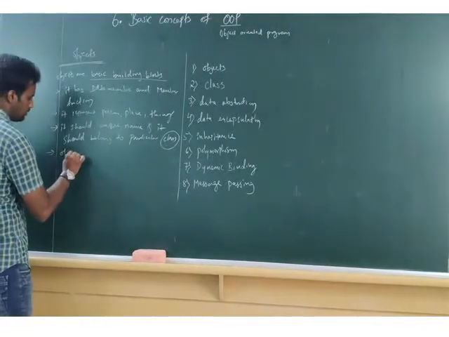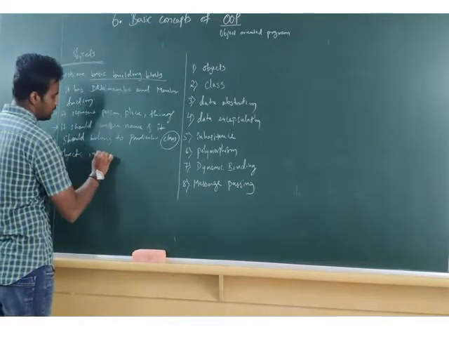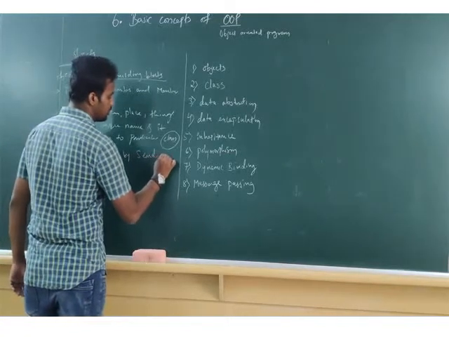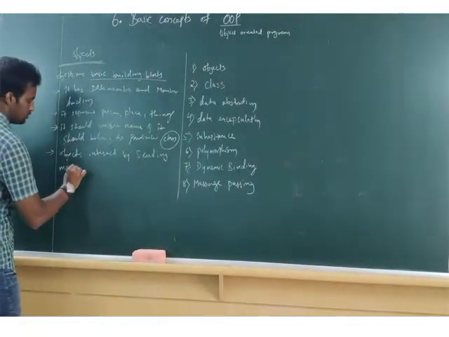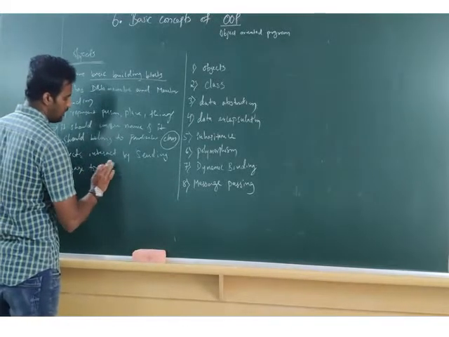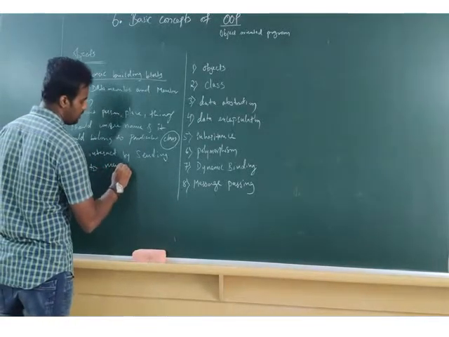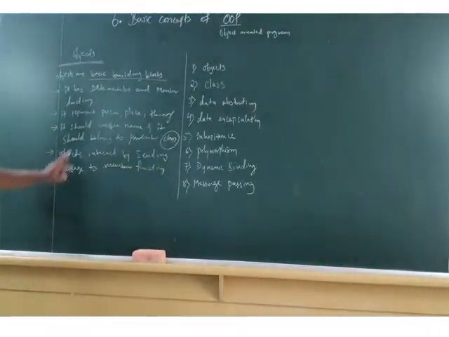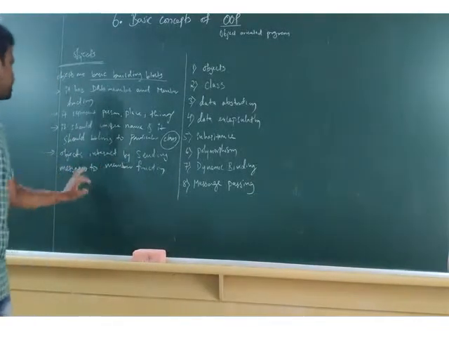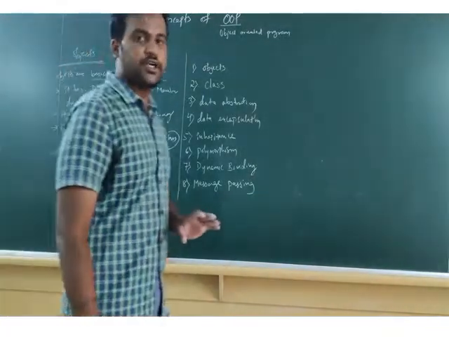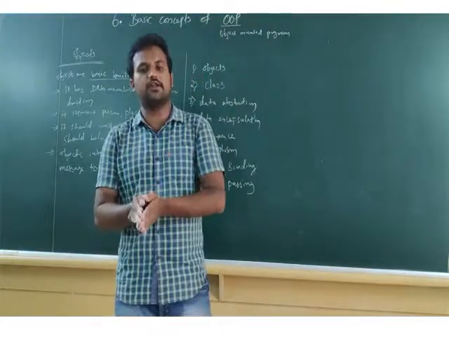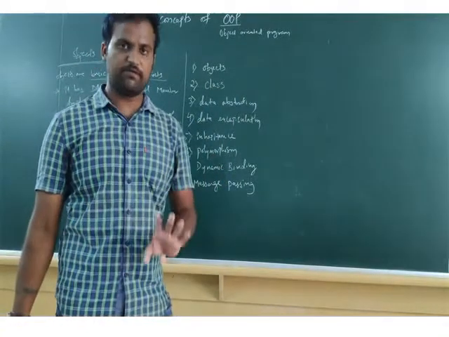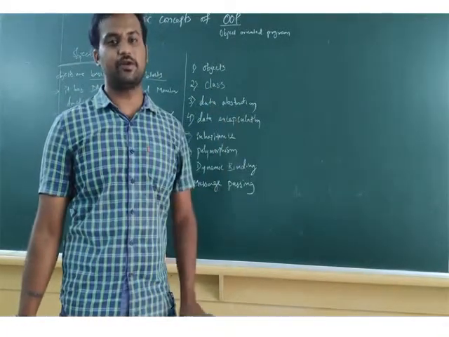Next, the last point is objects interact by sending messages to member functions. Here, objects interact by sending a message to a member function means whatever objects we are creating, by using those objects we are going to call member functions, and the member functions are going to get executed.